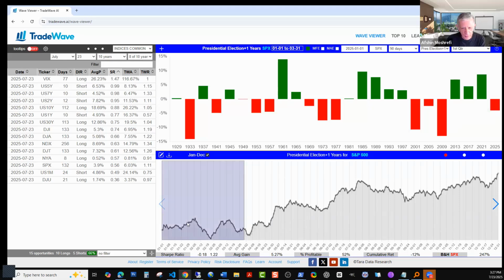And look at it. It goes up, comes down, goes up, comes down. That's volatility. That's seasonal volatility. You can't count on this part of a PE plus 1 year to be bullish. Let's go all the way to the bottom. I didn't go far enough.